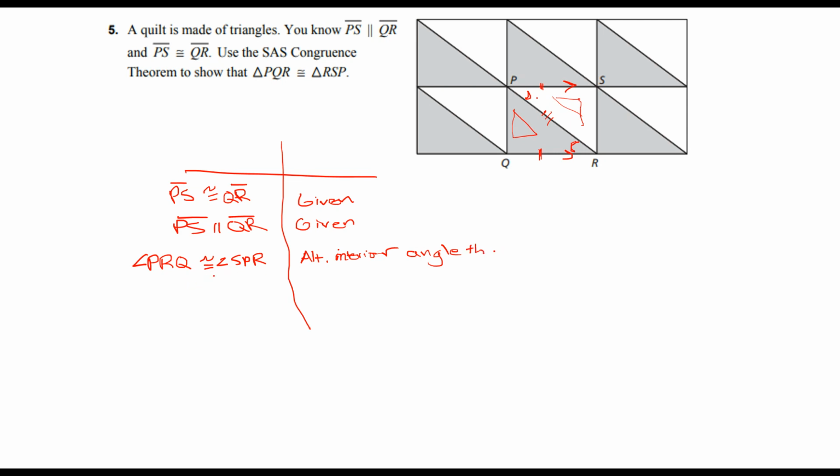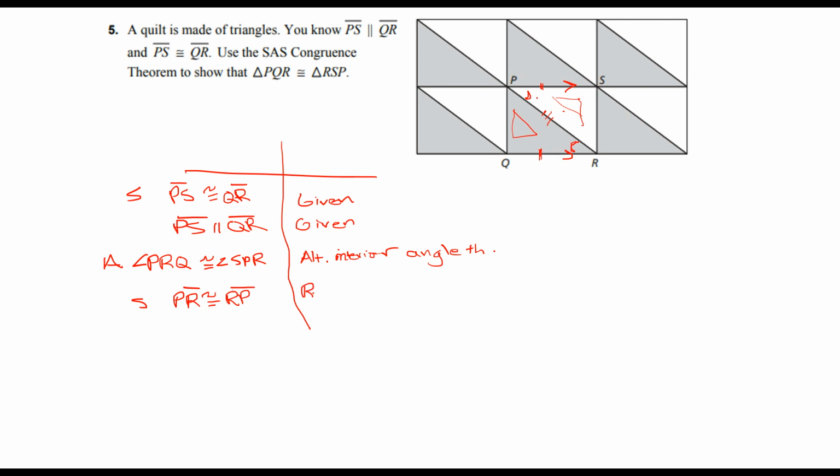Next, I can say I've got two sides. I've got the angle. I need the last side that's congruent. In this case, PR is congruent with RP. Now, I'm not sure if it's necessary to switch the letters. I sort of switch them because the triangle has been rotated. One triangle is 180 degrees from the other one. So side PR for one, the angles correspond with RP of the other.